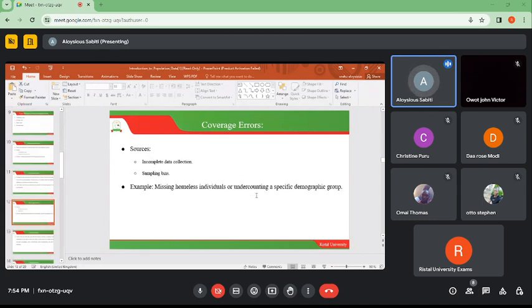Some of the sources include incomplete data collection, but also sampling bias. Sampling bias is a result of the enumerator or the individual conducting the study having their own thoughts on the information they are supposed to collect.